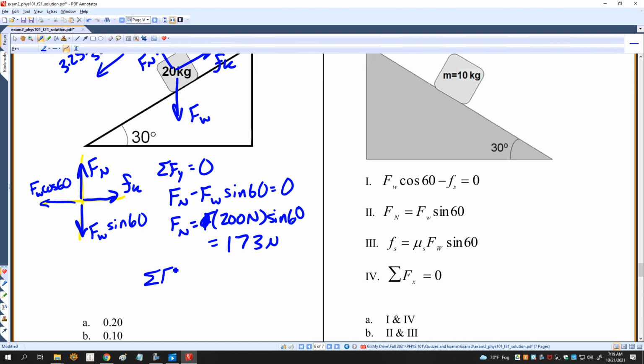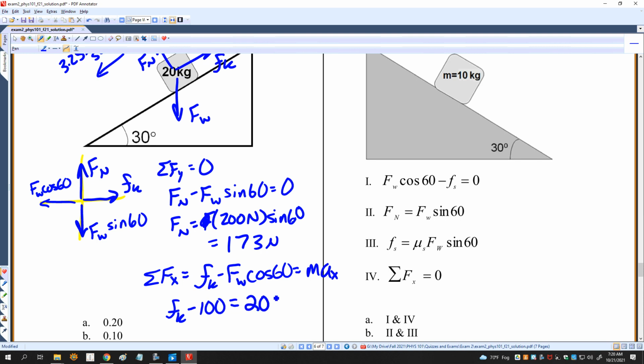And then I can figure out what my Fk is by doing the sum of the forces in the x direction. That's going to be Fk minus Fw cosine of 60 equals max, and it is accelerating. So that's Fk minus 100 equals 20 times minus 3.25.